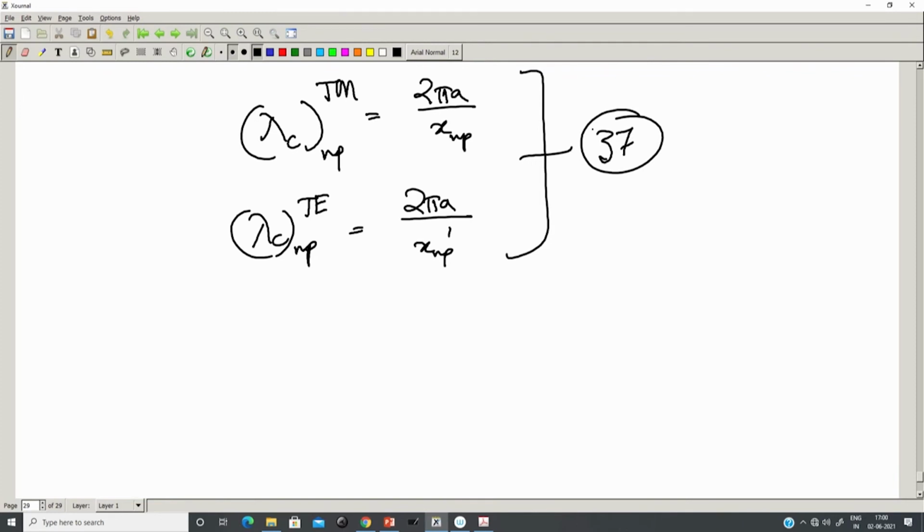So, we see that from equation number 36, the cutoff frequencies are proportional to x np for the TM modes and proportional to x np prime for the TE modes.